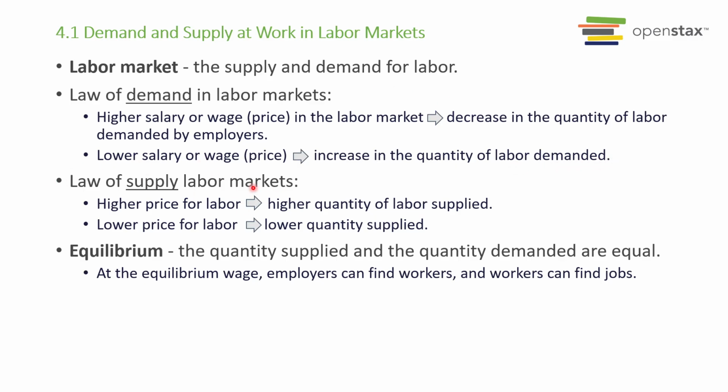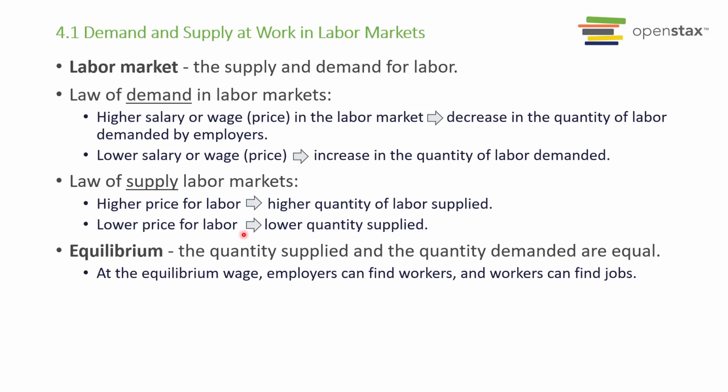And the law of supply is, now you're going to take the perspective of the employee, and that is, if you can actually earn a higher wage for your labor, you're going to be more likely to want to supply your labor to that company or that industry or that economy, okay? If it is a lower price for labor, you're going to be less inclined to want to supply your labor there.